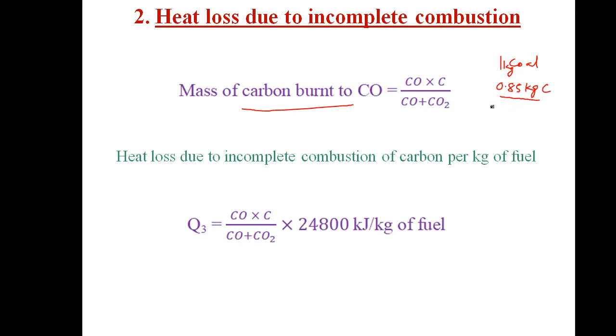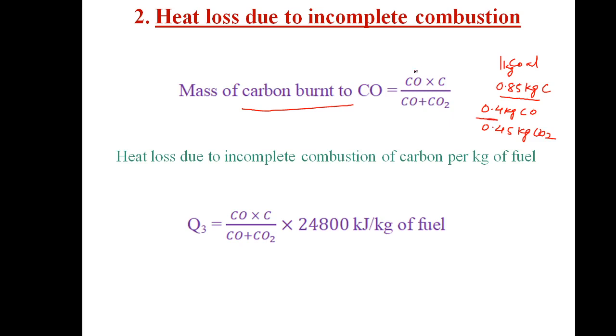Say, for example, 0.4 kg has burned to carbon monoxide and 0.45 kg has burned to carbon dioxide. So the mass of carbon burned to carbon monoxide, this 0.4 kg, we have to calculate.